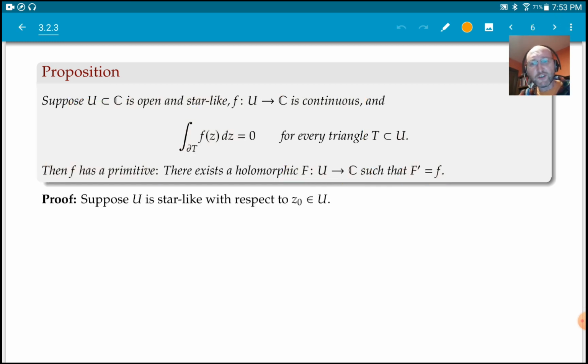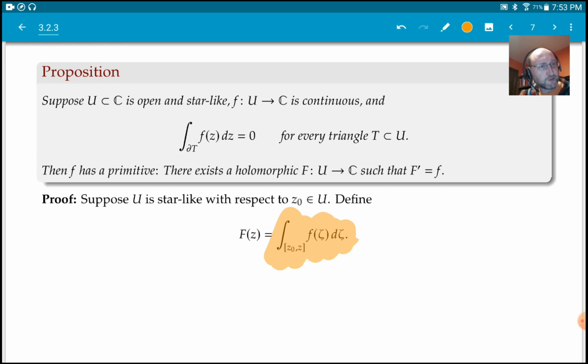All right, so let's suppose that we have a star-like U, star-like with respect to some Z0. And let's just define what capital F is. Little f is continuous, so these integrals make perfect sense. This is a well-defined integral: I go from Z0 to Z along a straight line.